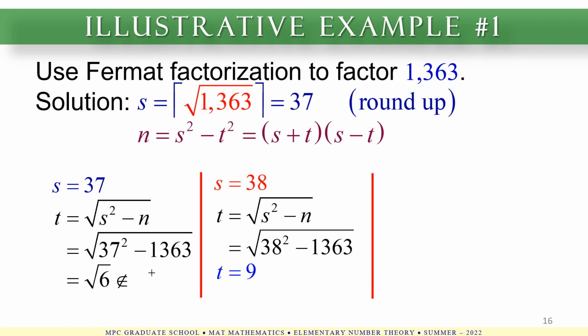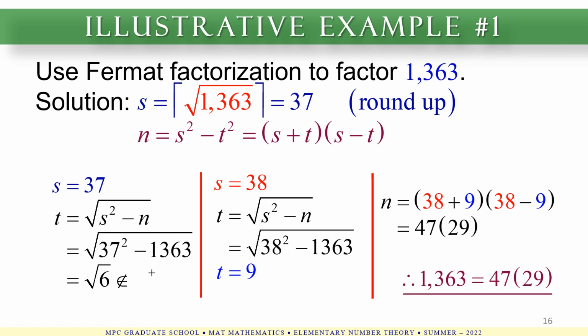Now, using the values of s as 38 and t as 9, we will have n is equal to the product of 38 plus 9 and 38 minus 9. Then 38 plus 9 is 47 and 38 minus 9 is 29. As you can see, 47 and 29 are both prime numbers. Therefore, using the Fermat factorization to factor 1363, the factors are 47 and 29.